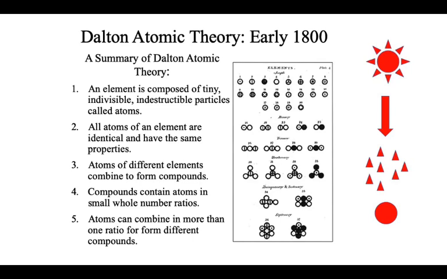2. Because I'm going to say you guys said 2 was also false. All elements are identical and have the same properties. Why is that not true? Isotopes. Isotopes doesn't count as 2 answers, but I appreciate the try.